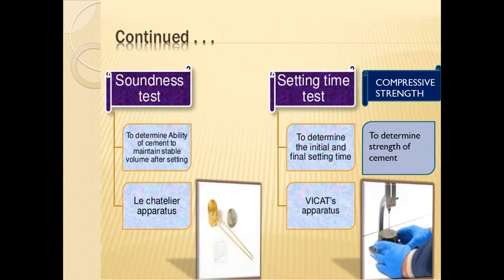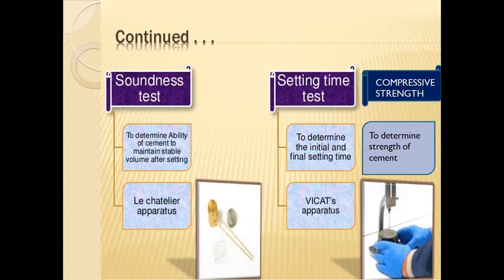Next is the setting time test, to determine initial and final setting time. For determining setting time, we use the Vicat apparatus. That is, standard consistency, initial and final setting time are determined using a single apparatus, the Vicat apparatus.